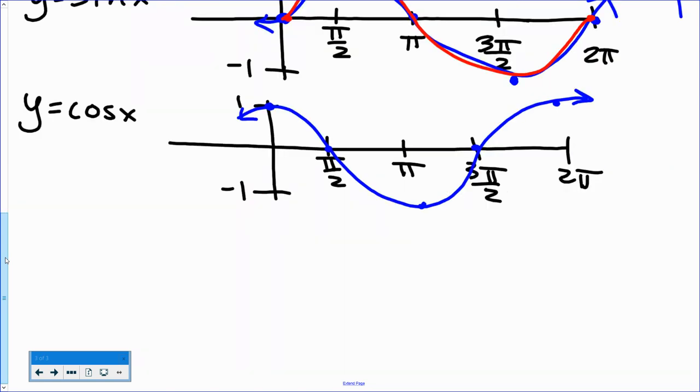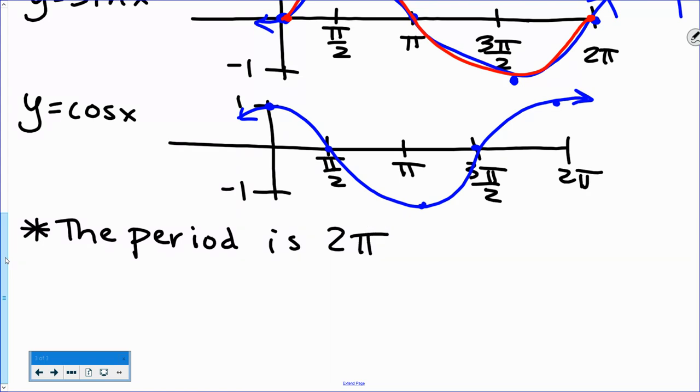All right, so sine and cosine are periodic functions. The period for sine and cosine is 2 pi for their general graph. So from 0 to 2 pi creates one full cycle, and then it will repeat over and over. Okay?